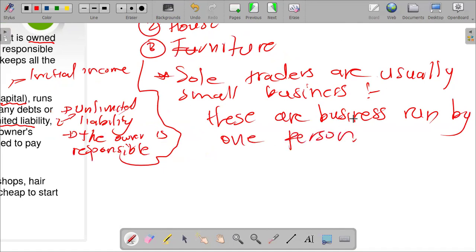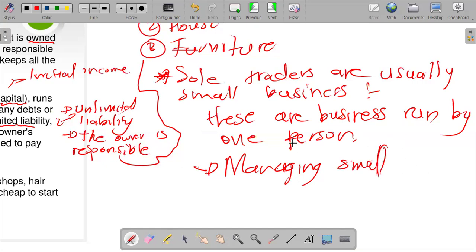So in these instances, the owner is just managing small things to run. In a small trader or a small proprietor, the owner is managing small operations.